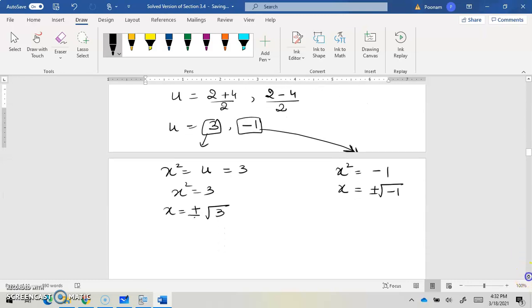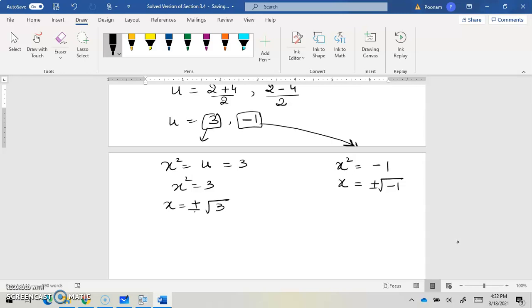In real numbers, there is no value for square root of -1, but we define complex numbers. Square root of -1 is called iota. So, x is equal to plus minus iota. What are the zeros we have? x is equal to plus minus root 3 and plus minus iota, or root 3, negative root 3, iota and negative iota.